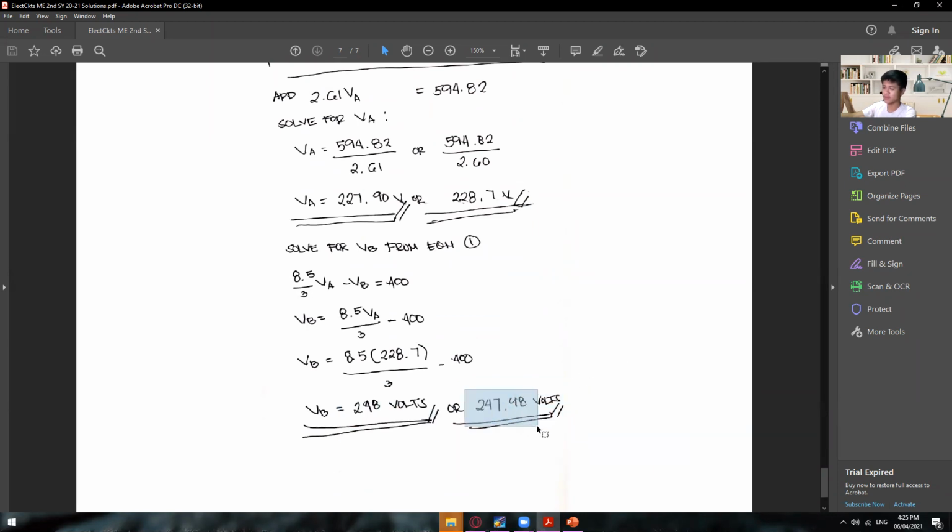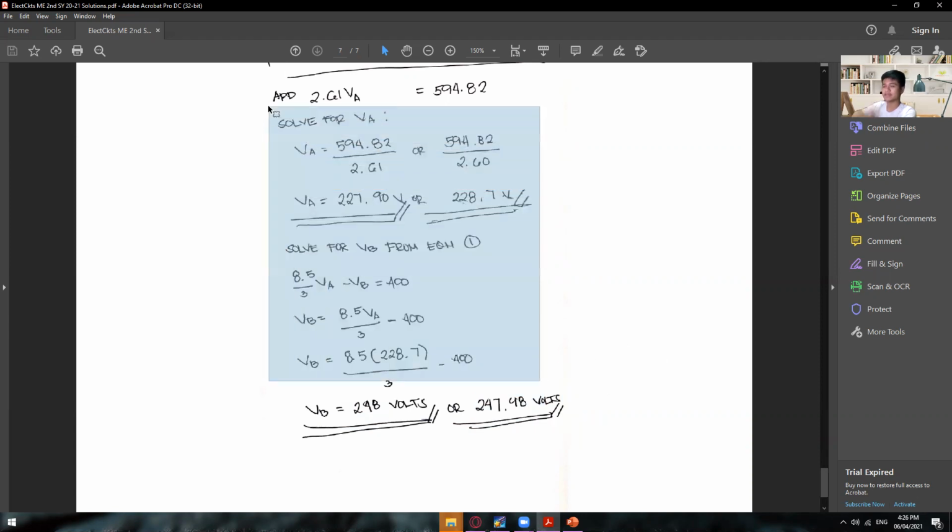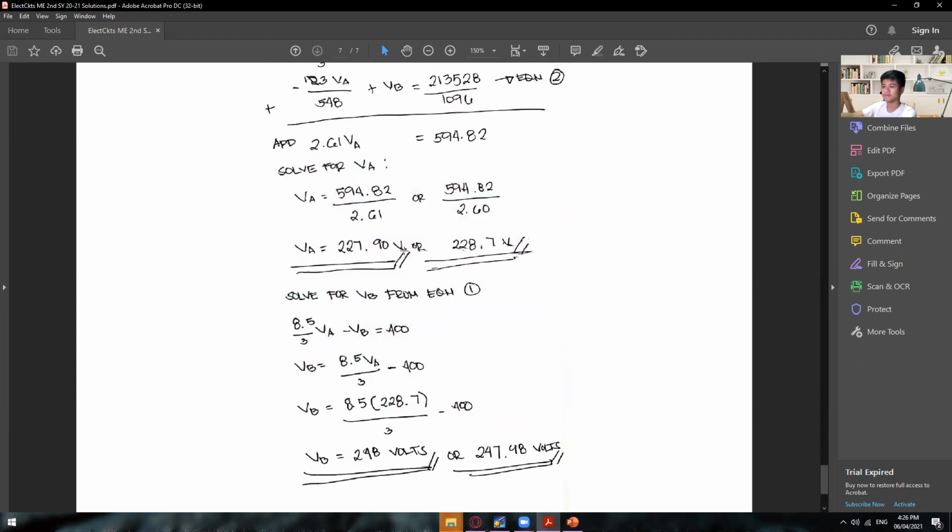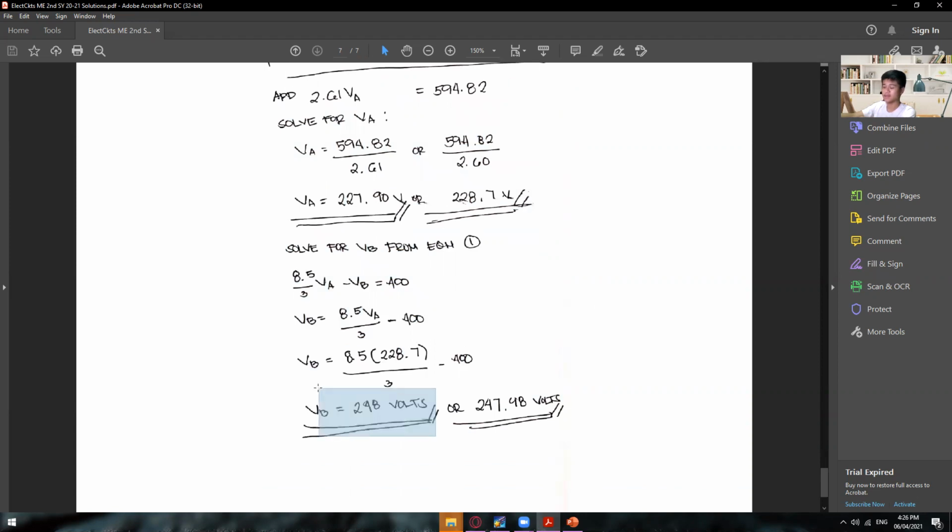So the answer that we have in Canvas is 247.98. But in here, I've got a different answer, which is 248, wherein we are super close. I guess the one that I have used last year is maybe one decimal only or 0 decimal. That's why I have got a different answer instead of always getting the 2 decimal.